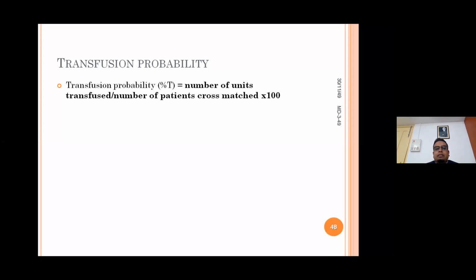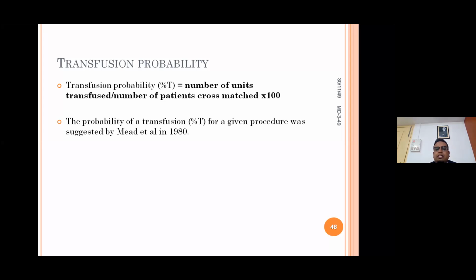In percentage, it is the number of patients transfused by the number of patients cross-matched. This is actually the reverse, in terms of percentage. The probability of transfusion for a given procedure was suggested by Mead et al. in 1980, and a value of 50% and above has been suggested as appropriate.